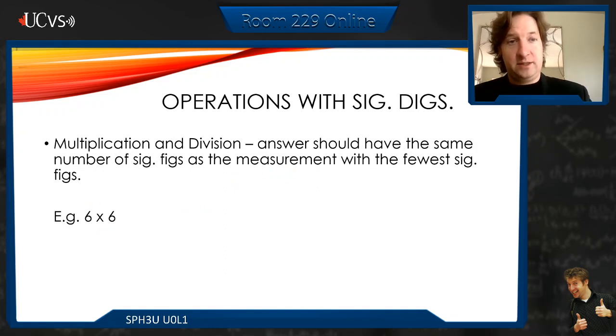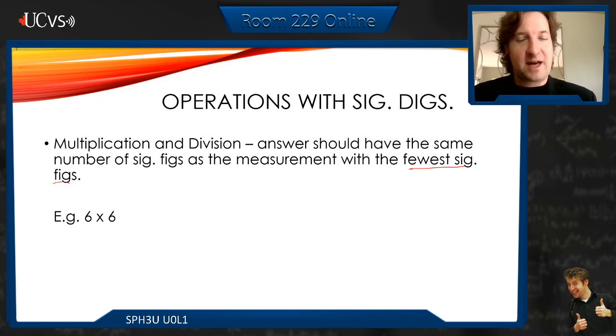Now the multiplication rule is very similar, but it's the lowest number of significant digits. So we have to round to the lowest number of significant digits. So what's 6 times 6? Let's go back to grade 4. I think that's one of the very first things that you memorize, because we know that 6 times 6 is 36, right?